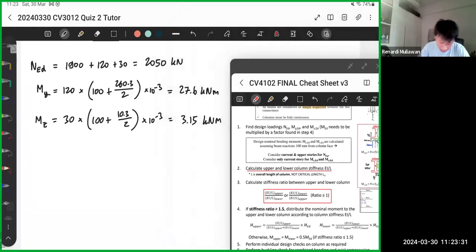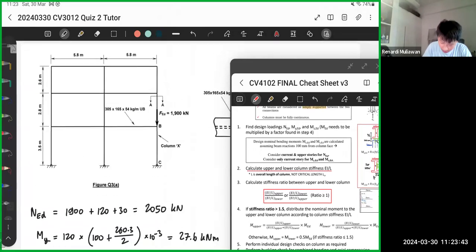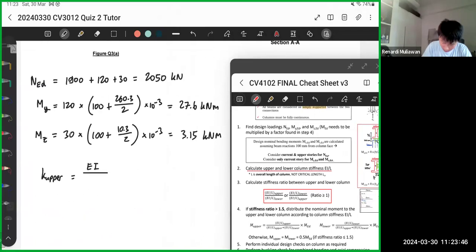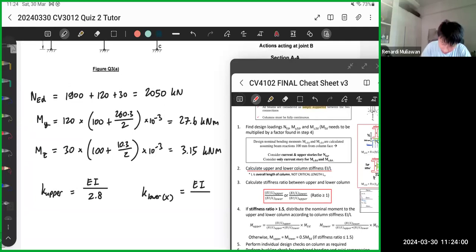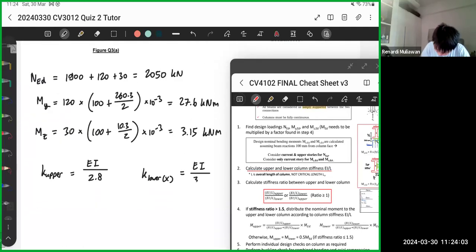So upper column, K upper is EI divided by L. The upper column length is 2.8, so divided by 2.8. Then K lower, or X, which is the one that we're interested in, is EI divided by, I think it's 3.5. Yeah, 3.5. Okay, so 2.8 and 3.5.